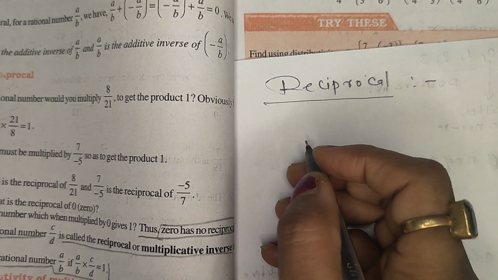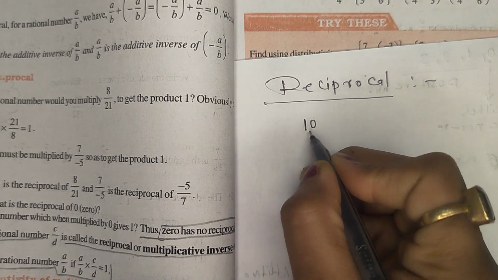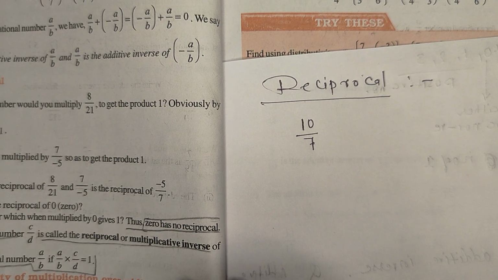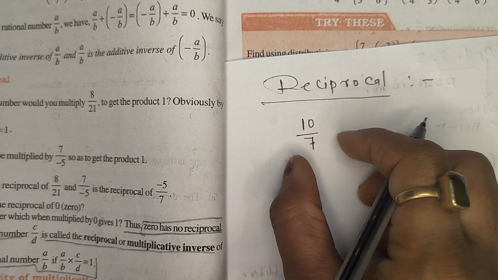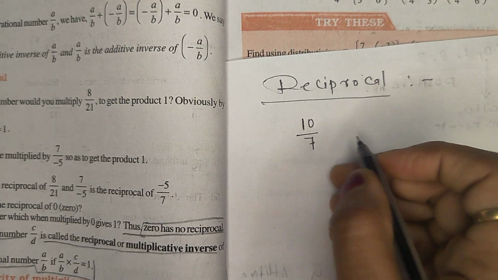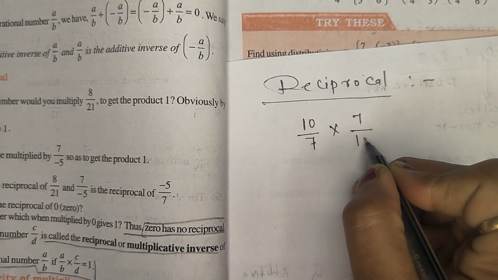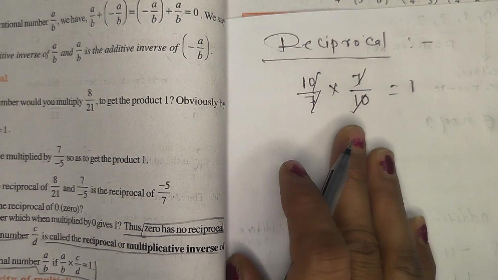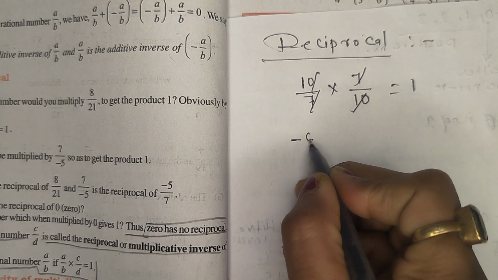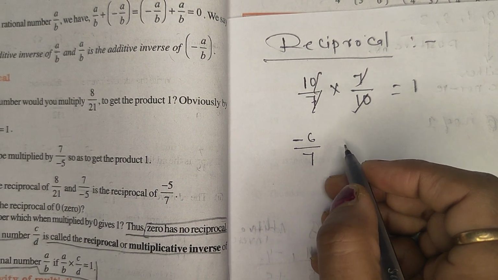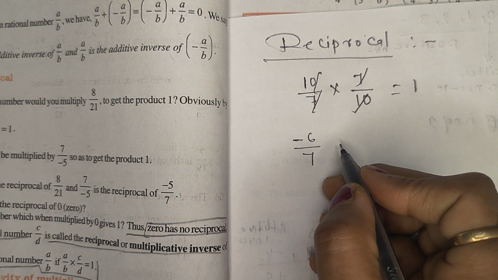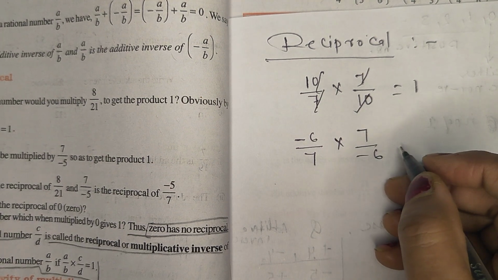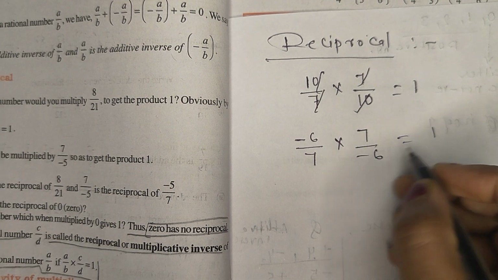I give you a question like 10 by 7, and ask by which rational number you would multiply this to get 1. Obviously, you multiply by 7 by 10, then you get 1. Similarly, for minus 6 by 7, we must multiply by 7 by minus 6 so that we get the product 1.